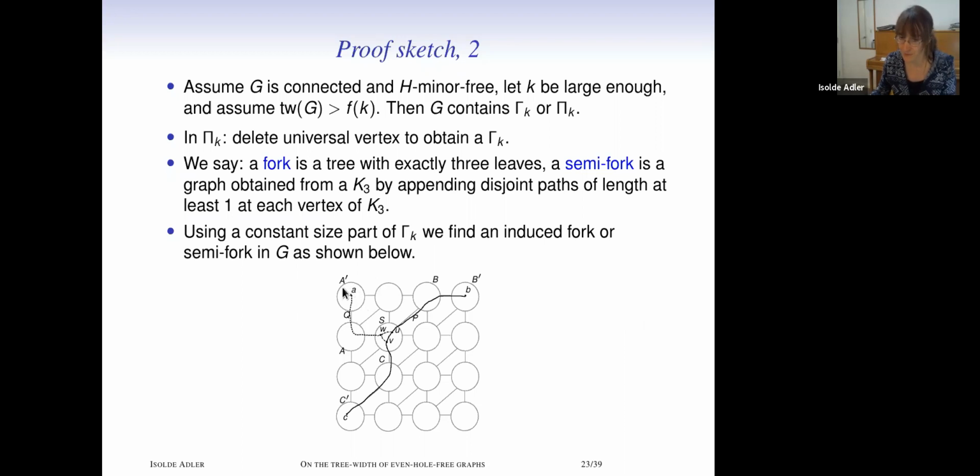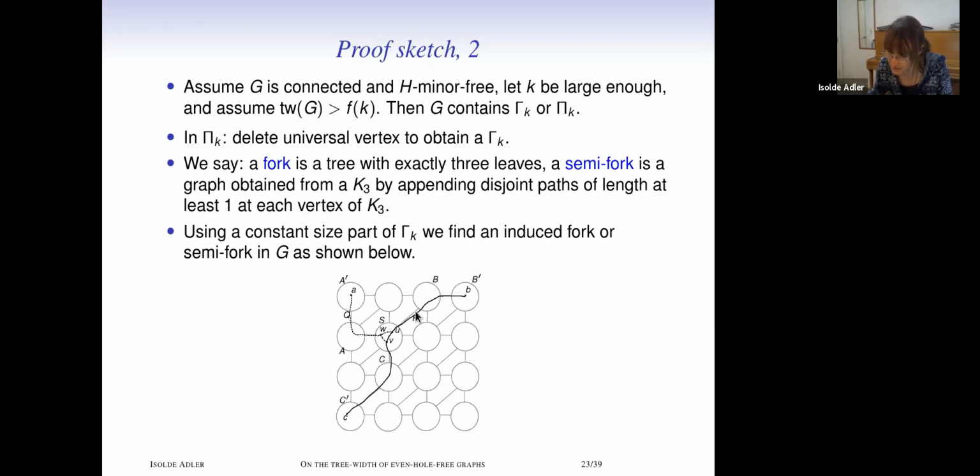Because we recall that each of these vertices corresponds to a connected set in the original graph G. So what we do here is we pick 3 sets like this, A prime, B prime, and C prime, and we pick a vertex A in A prime, vertex B in B prime, vertex C in C prime. Let's first connect B and C by a shortest path that goes through this set here, big B prime, and here, capital C prime.